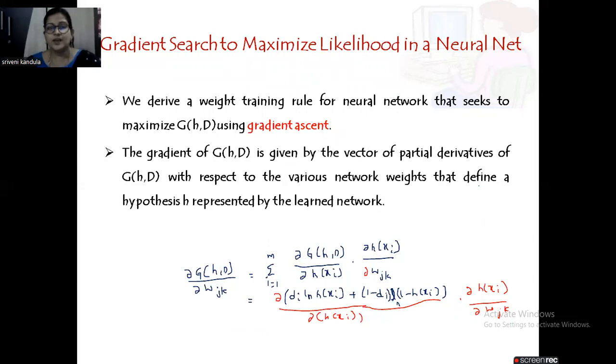We are already aware that the gradient of G of h comma D is given by the vector of partial derivatives of G of h comma D. When we worked with backpropagation, we applied this partial derivative on G of h comma D with respect to various network weights.